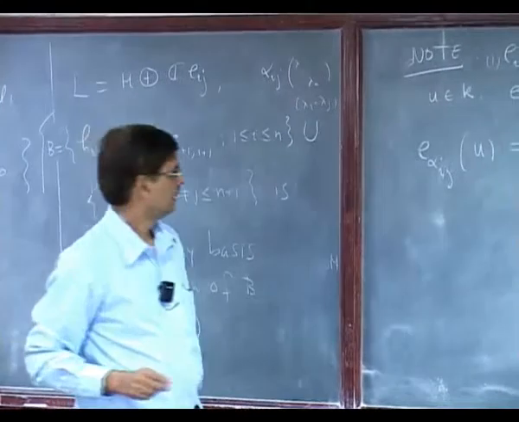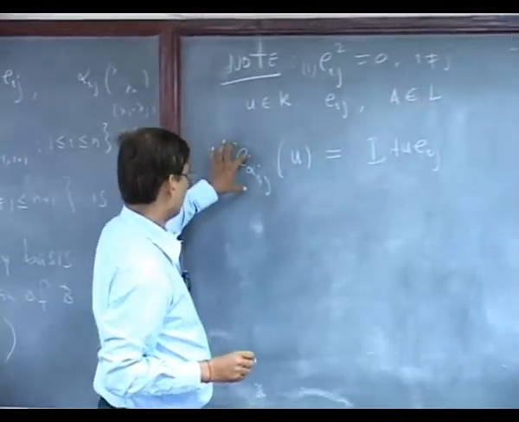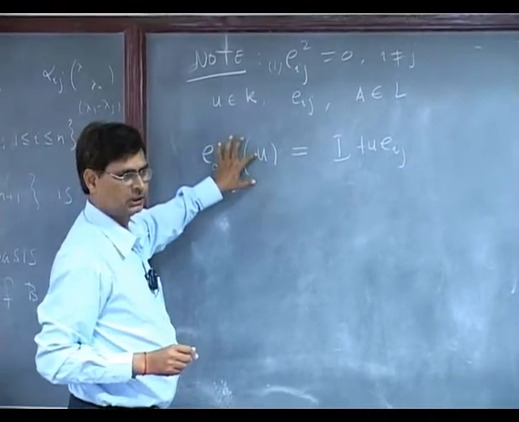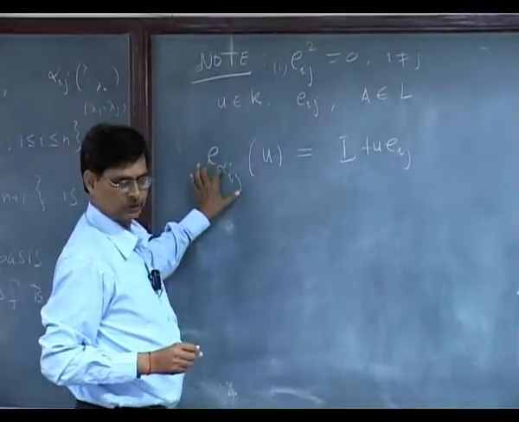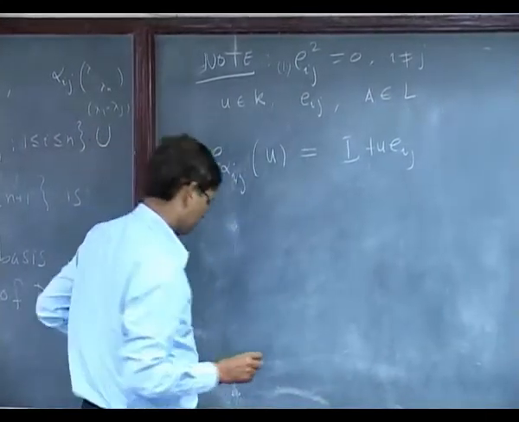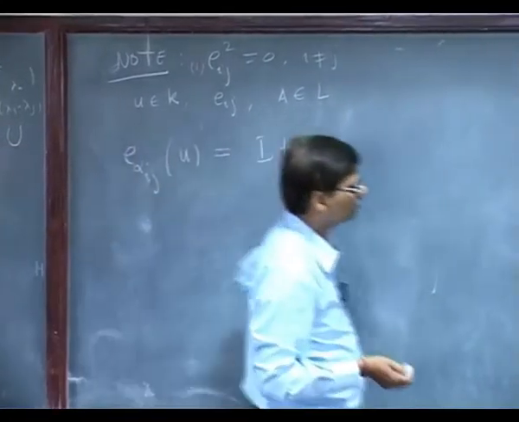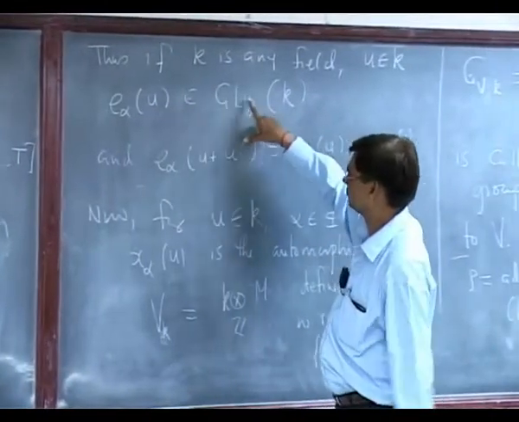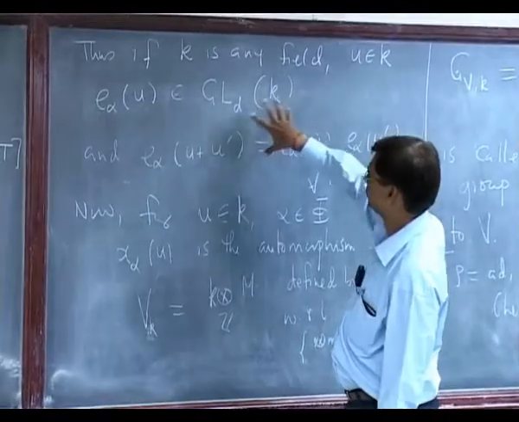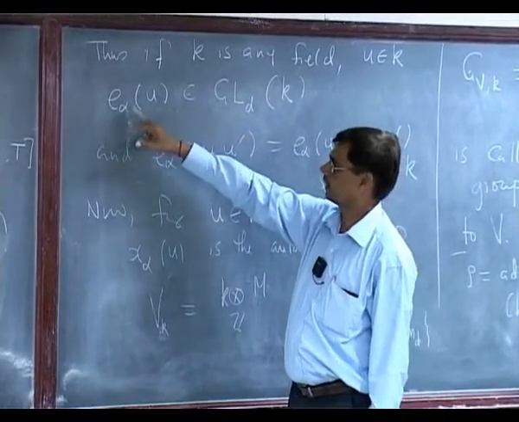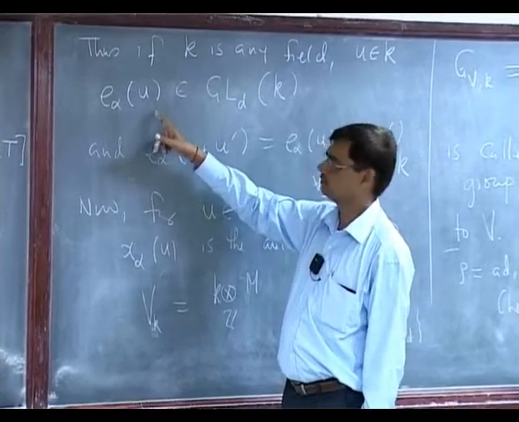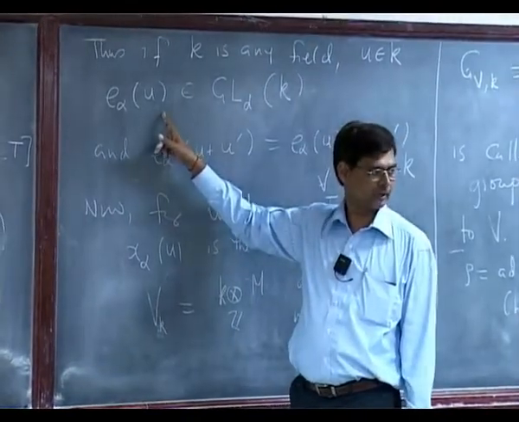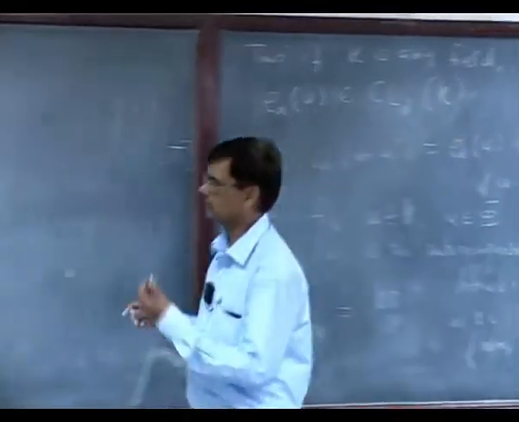Why? Because if you remember the definition, how to get the matrix of this with respect to the adjoint representation. I think I have rubbed it out here. So E alpha of u is the matrix obtained from the exponential of u rho x alpha.